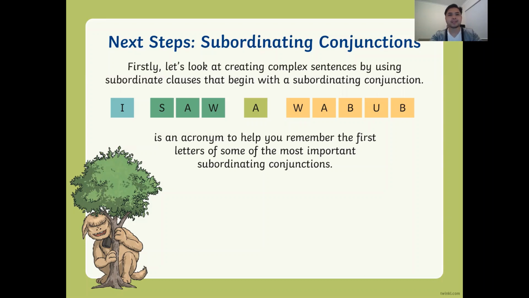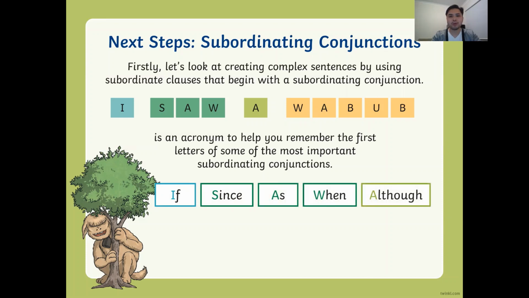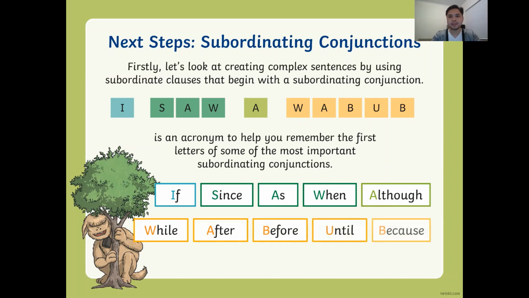Everyone say that. I saw a wubub. It's an acronym to help you remember the first letters of some of the most important subordinating conjunctions. So if, since, as, when, although, while, after, before, until, because.